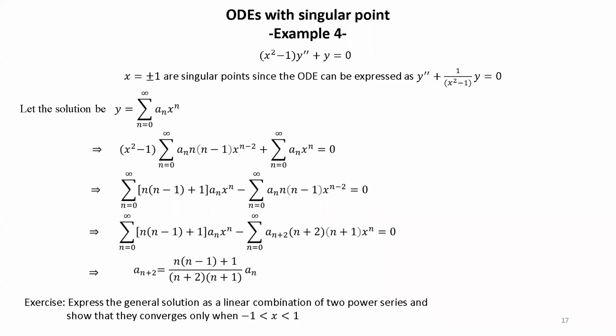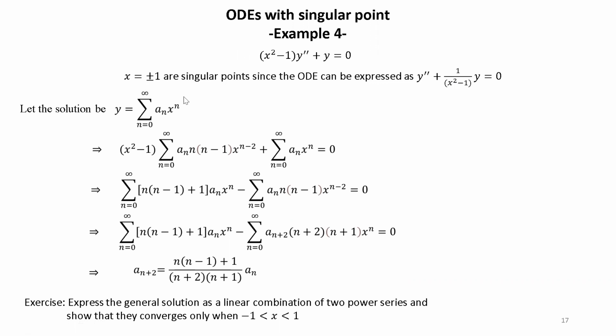Okay. So here is another example. I have this equation, and then again I divide both sides by this x squared minus 1. Then again you can see that I have a function that has a singular point. Right? So this time the singular points happen when we have this x squared minus 1 equals 0. So that means x equals plus or minus 1. Okay.